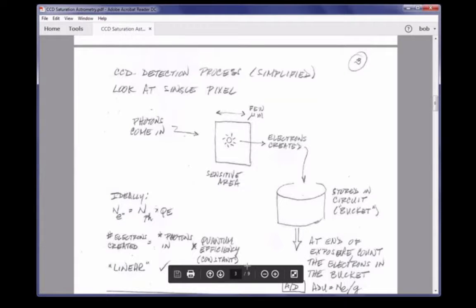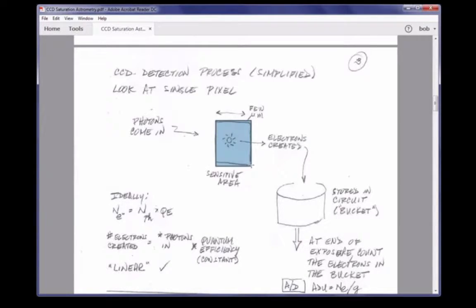And again, at a sort of gross overview, photons come in. The little box now represents a single pixel on your CCD camera. So its physical size is a few microns on a side. I think the camera that you were using at LCO GT, the pixels are 9 microns, so they're teeny.